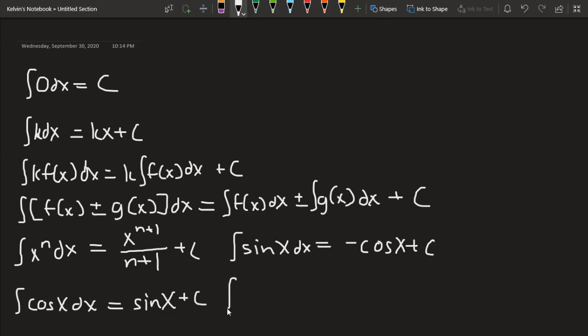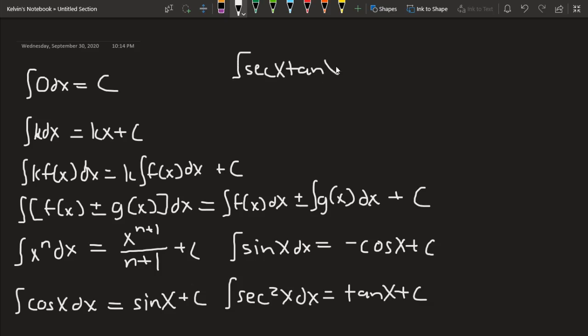And then we have the integral of secant squared of x with respect to x is equal to tangent of x plus c. And then we have the integral of secant of x times tangent of x, all with respect to x, is equal to secant of x plus c.